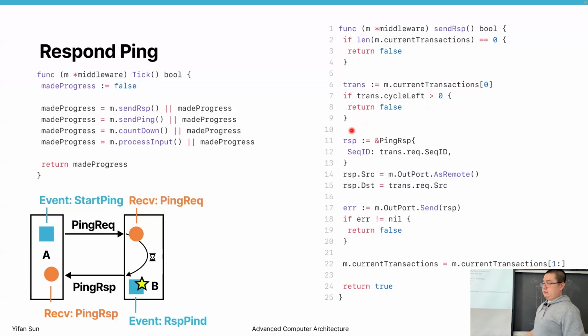We still don't do anything, right? Then we start to build this response and set the source and destination. See here, the destination is the source of the original request because we're sending back, right? So my source is always my output. Destination is what the request tells me.